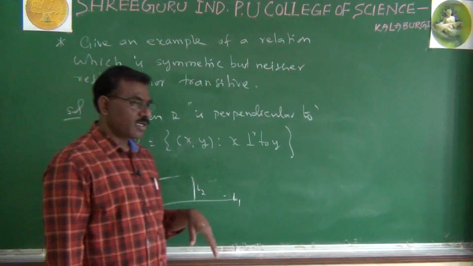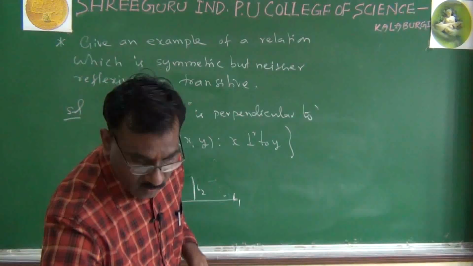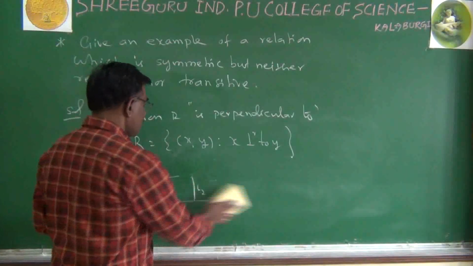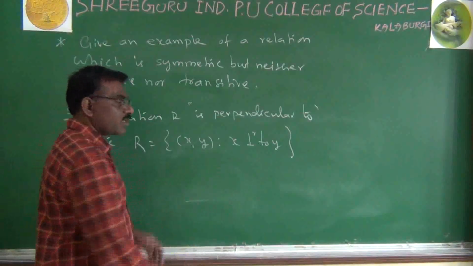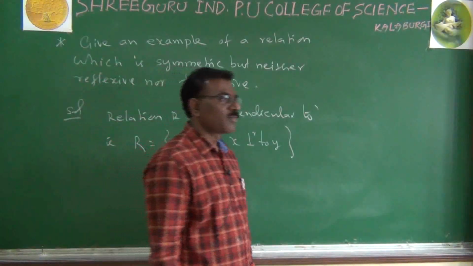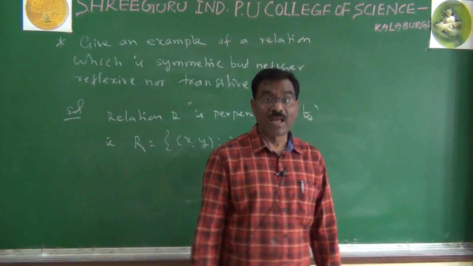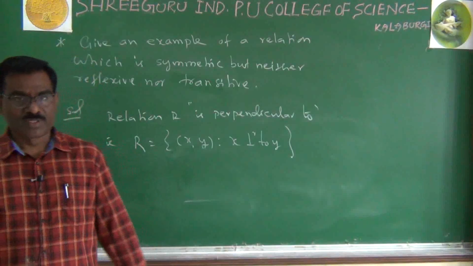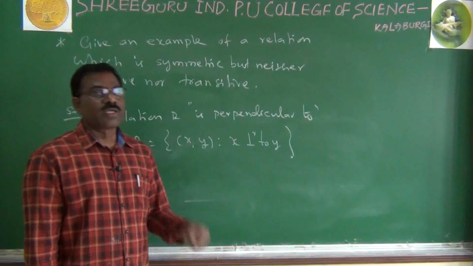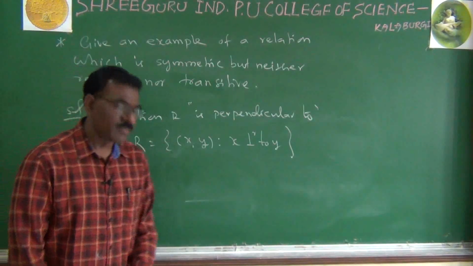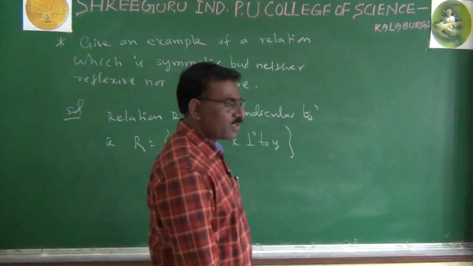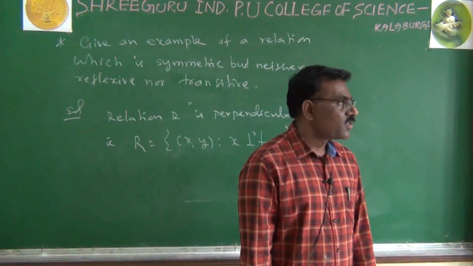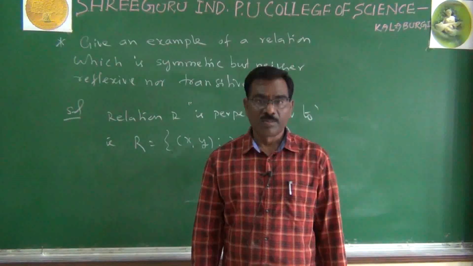When three lines are there, L1 is perpendicular to L2, and L2 is perpendicular to L3, but L1 and L3 are not perpendicular; they would be parallel only. So, a good example. Students, remember: give an example of a relation that is symmetric but not transitive and not reflexive.